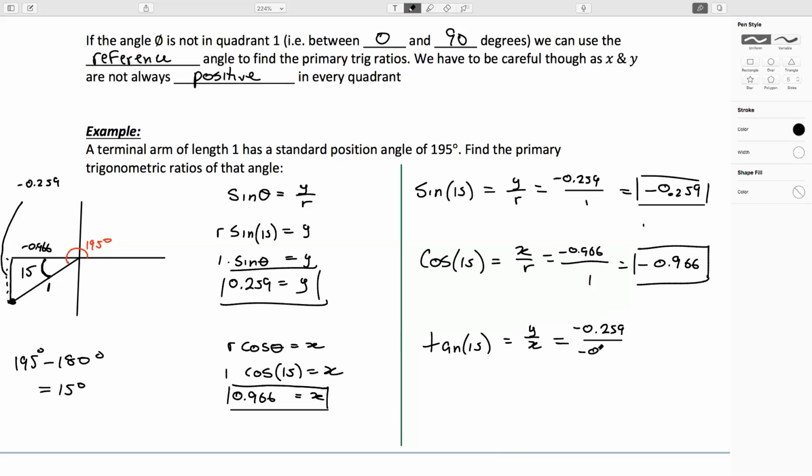X is negative 0.966. And we get 0.268. And I mean, you could have just calculated sine, cos, and tan of 15, but you're not going to necessarily get the right answers because some of them will show up as positives when they should be negatives.